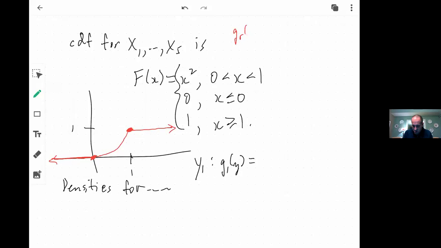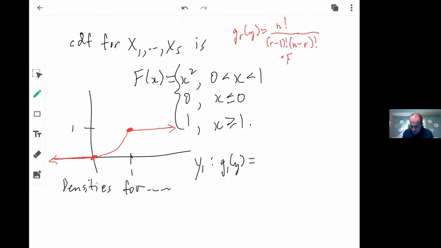So g_r of y is equal to n factorial over (r minus 1) factorial times (n minus r) factorial, okay, times what?